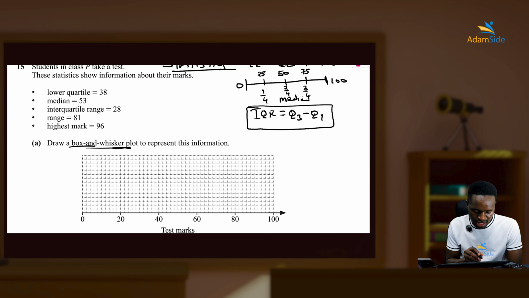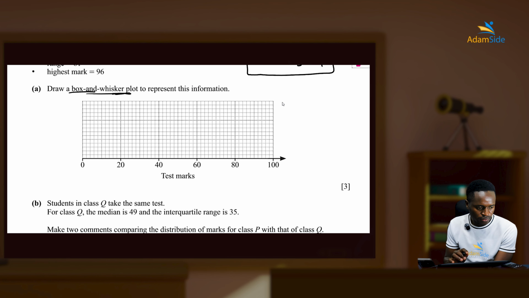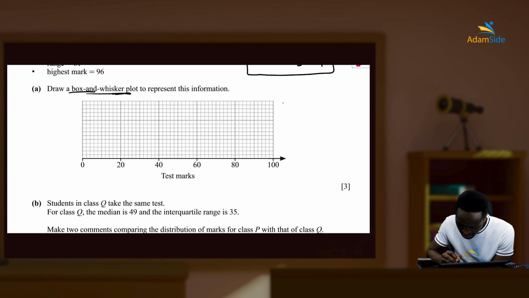Therefore, you're just supposed to draw a box and whisker plot to represent the information. The median is 53. Going down to the test mark axis, the highest mark is 96.